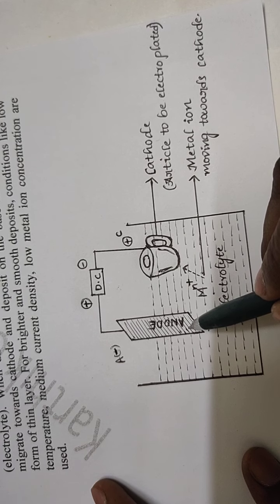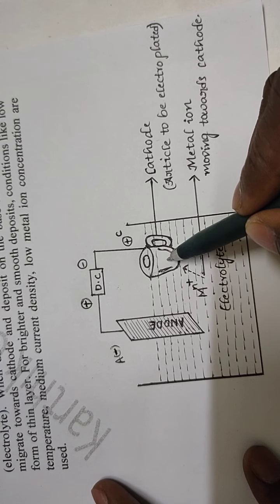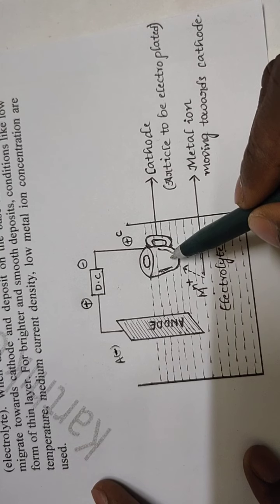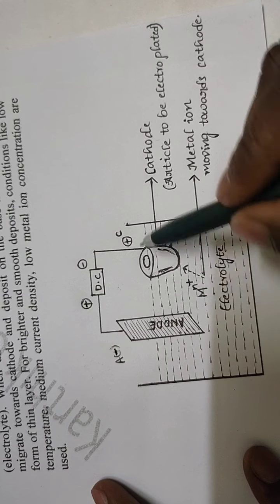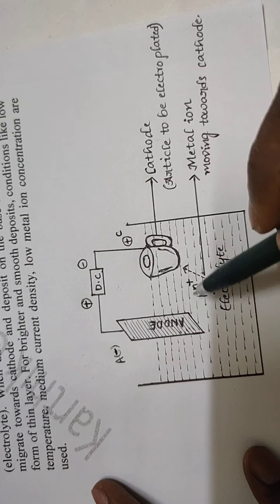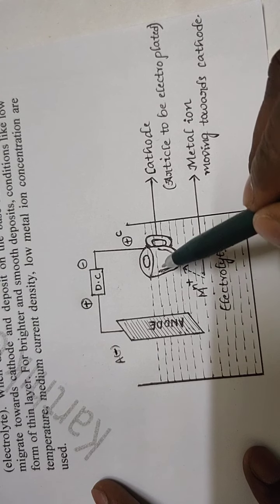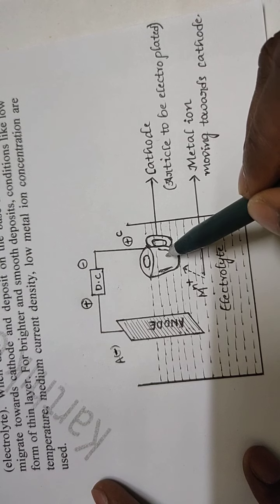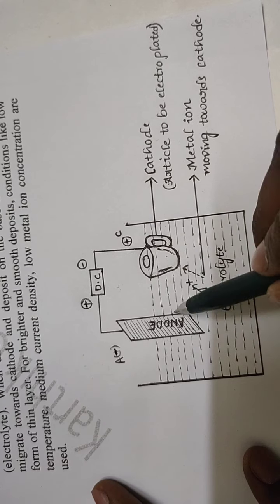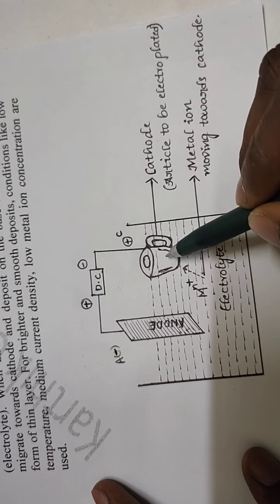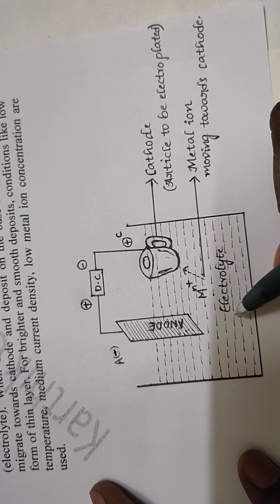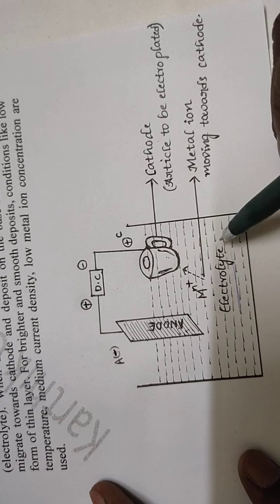The coating metal acts as anode and the base metal acts as cathode, because the coating metal is always more active than the base metal, and these two are connected with a conducting wire and a DC power supply. The coating metal anode and base metal cathode are both dipped in the coating metal salt solution, which is the electrolyte solution.